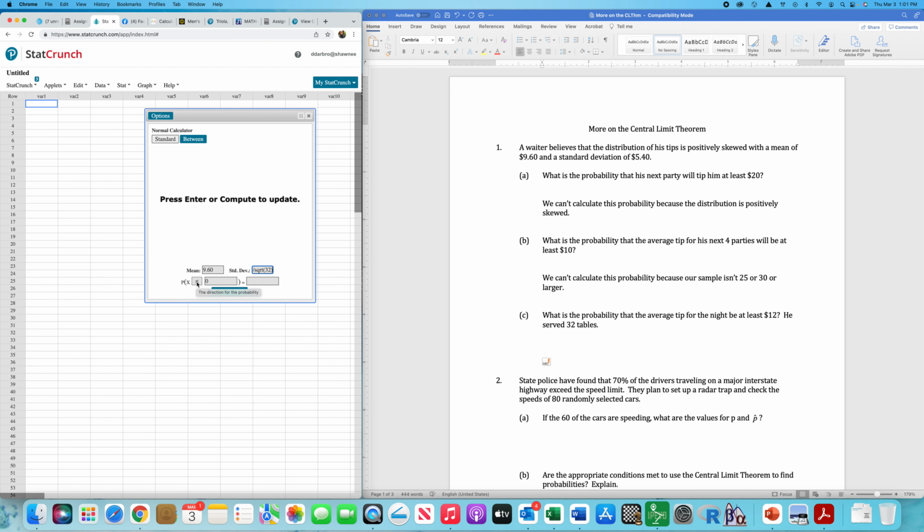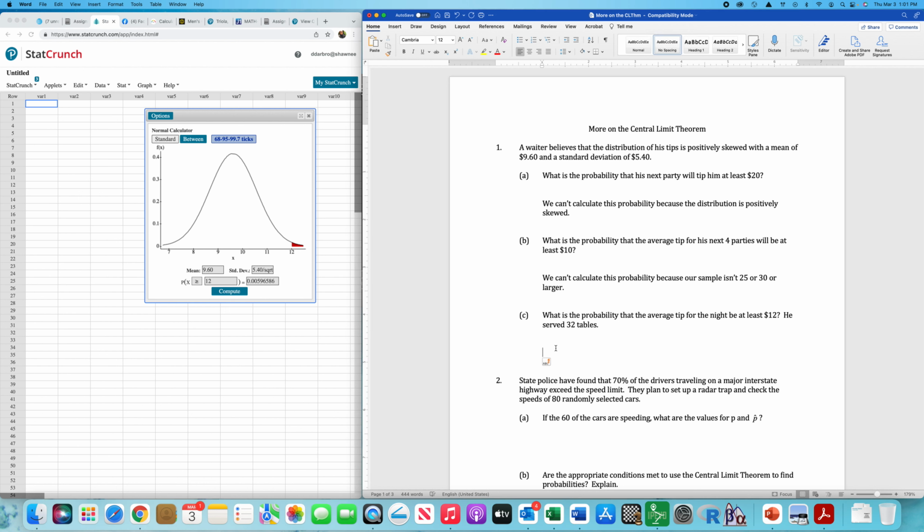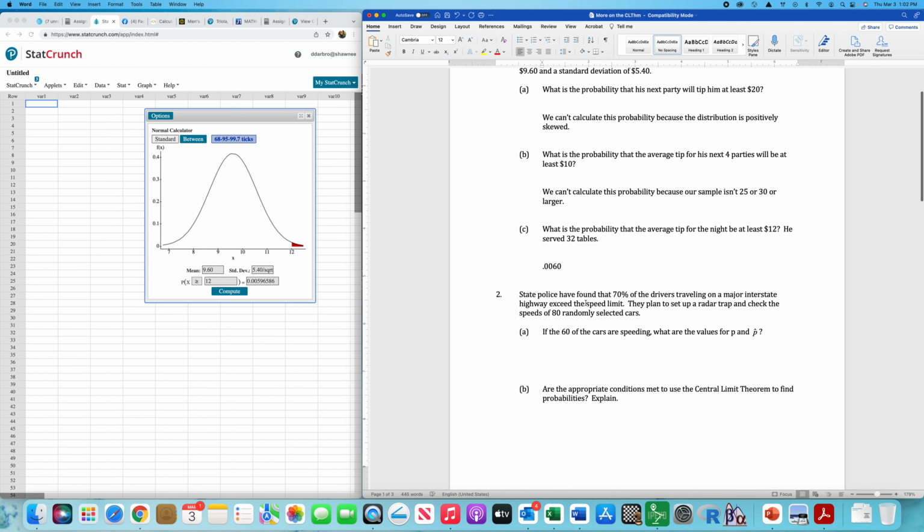And we want to know if his average tip will be greater than or equal to 12. So the probability here would be 0.0060. Still a pretty low probability, and again, it makes sense because the average tip is $9.60, so 12 is quite a bit higher than that.